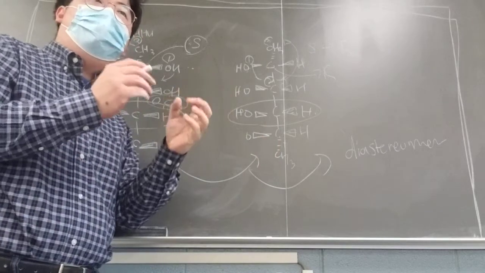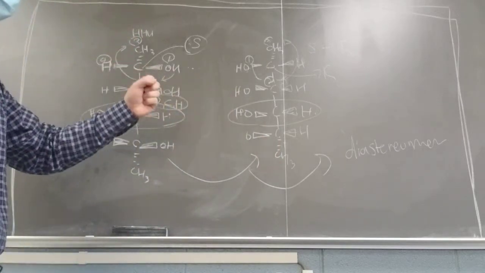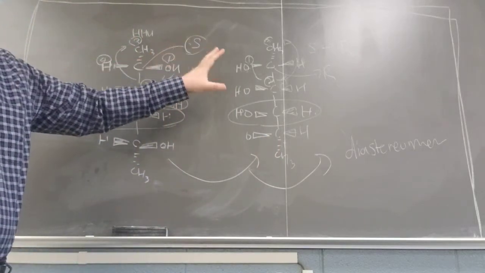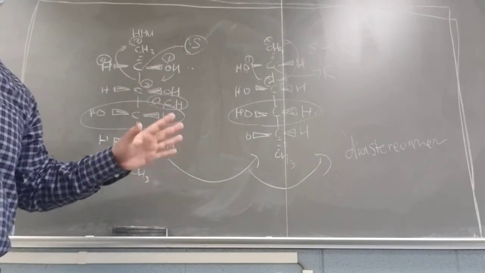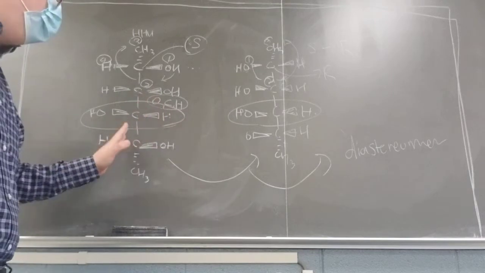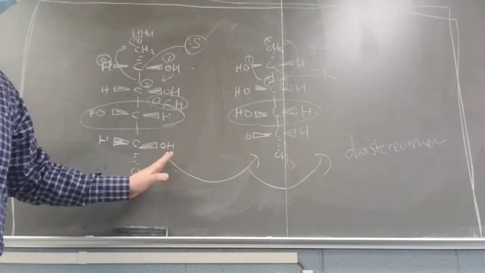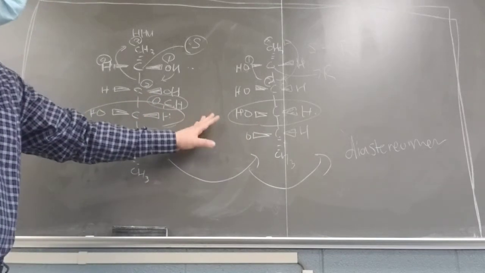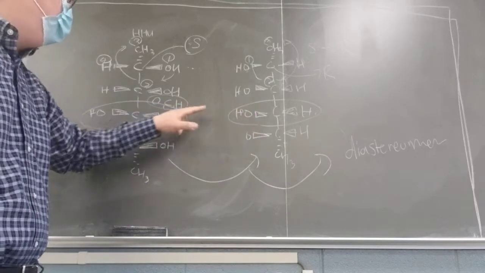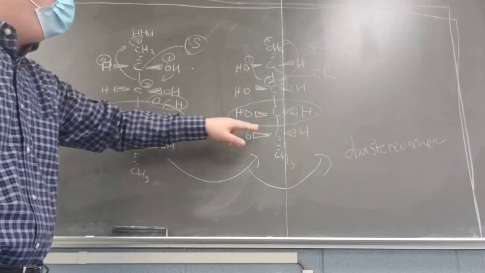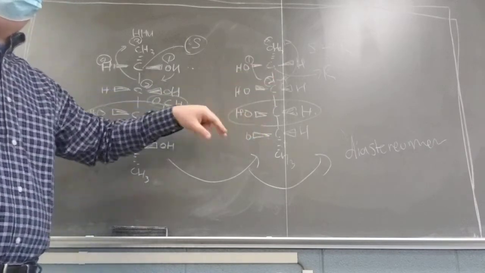So they have the same R or S configuration at certain chiral centers, but only a few, 1 or 2, are different. Then they are diastereomers of each other. Like this. Make sense? Because they have the same chiral center here, but all three are different. Does it make sense?